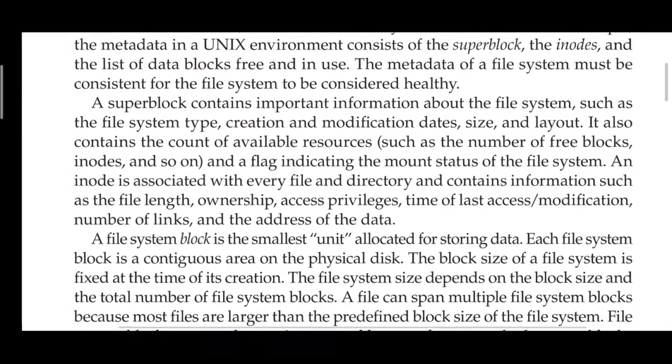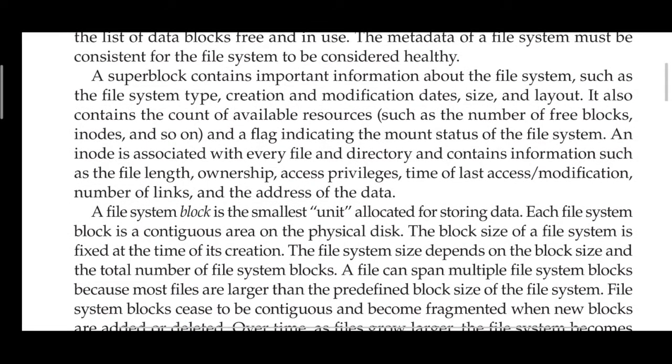Just go through these explanations and all the basic things what you have already studied. The file system block is the smallest unit allocated for storing data. Smallest unit is called as file system block.